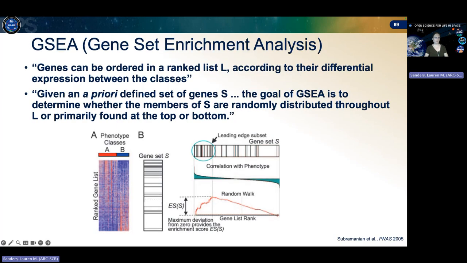Finally, the last analysis we're going to be performing is gene set enrichment analysis, also referred to as GSEA. GSEA was developed in a landmark paper in 2005.